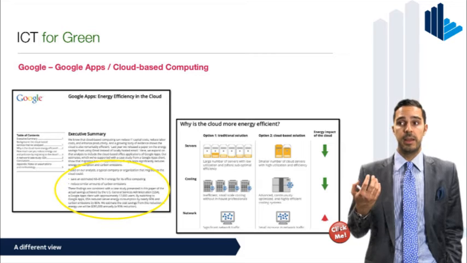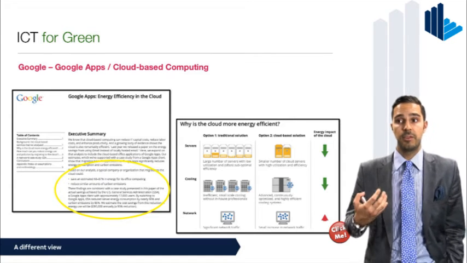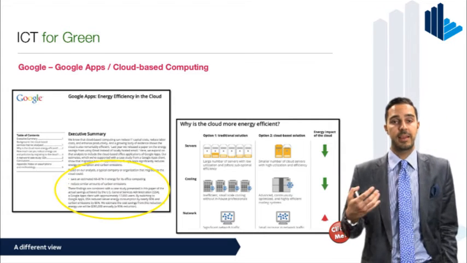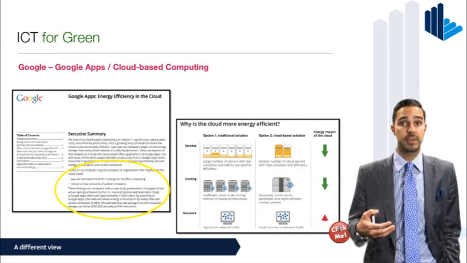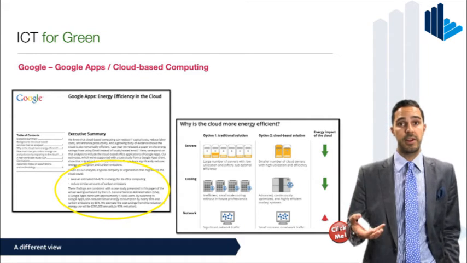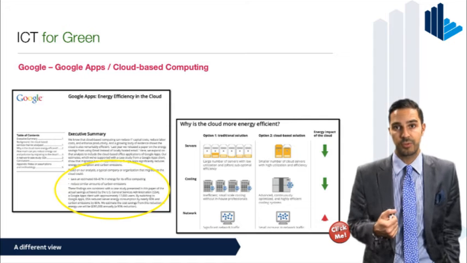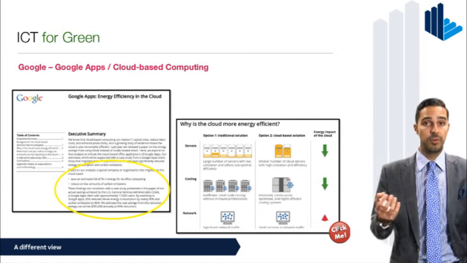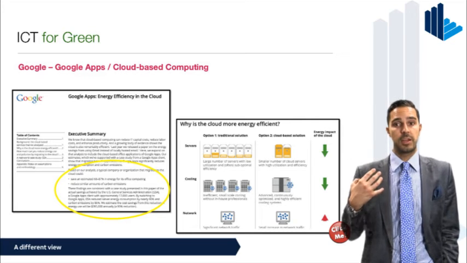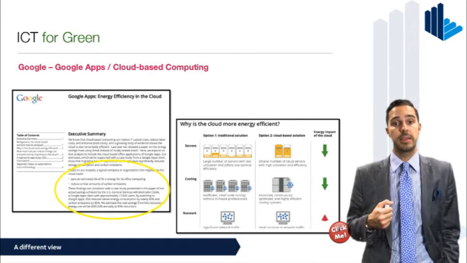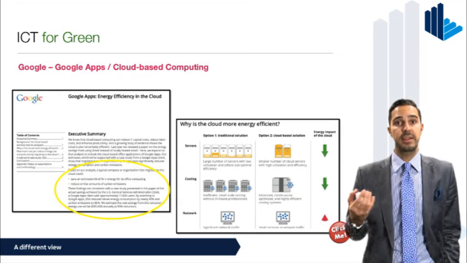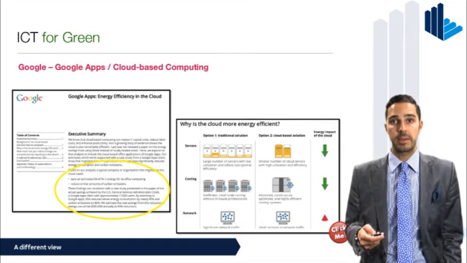In particular, corporates that use the cloud, instead of having data servers in-house, can save up to 70% of their energy consumption. Here I'm going to present you a video that shows what kind of technologies Google is implementing in its data centers in order to run them in a very energy efficient way.